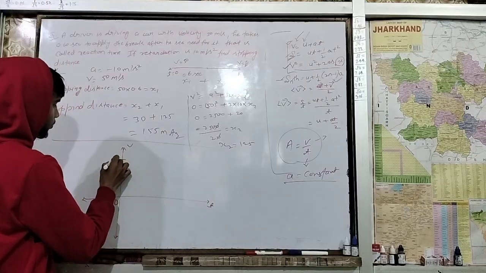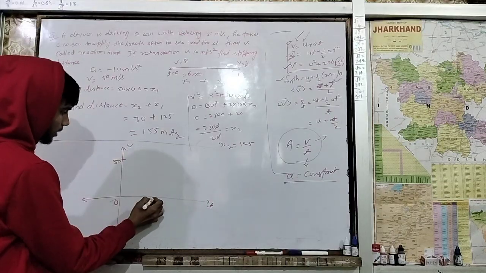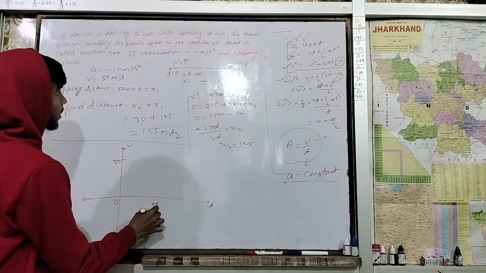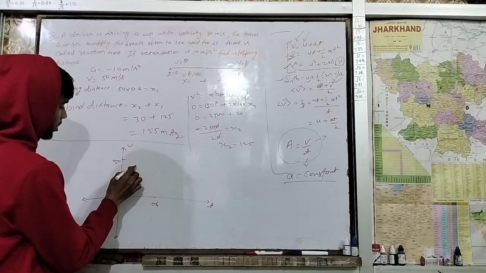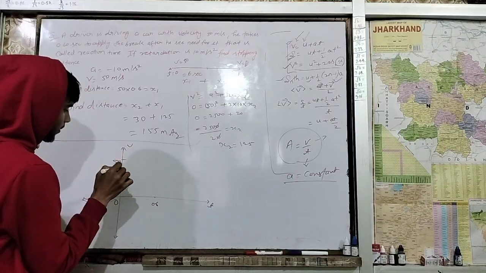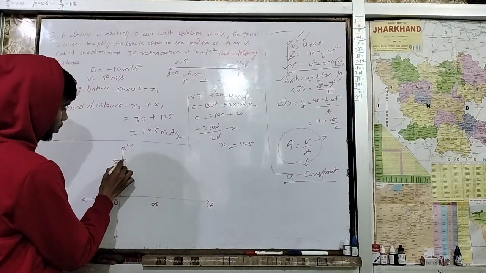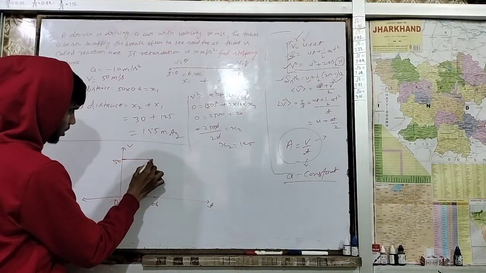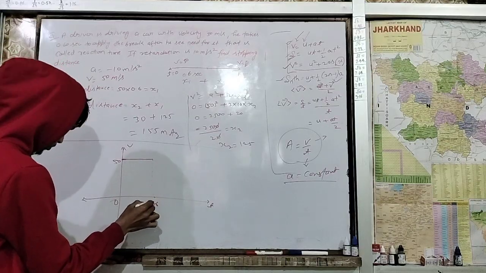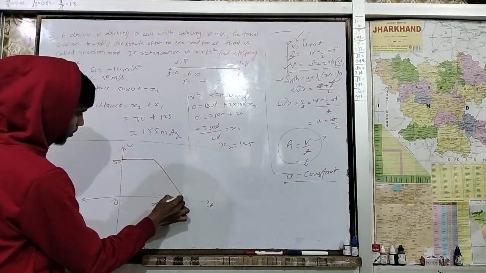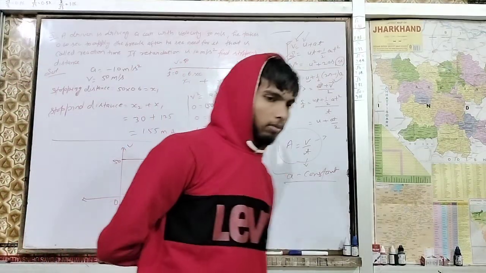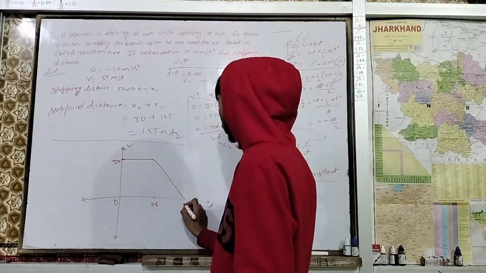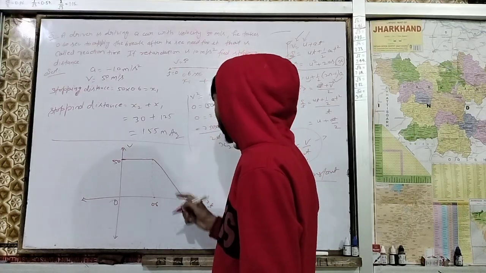Velocity is over here 50, and time 0.6 will come over here. After 0.6, the velocity is becoming 0. We don't know the time exactly, but after this it is coming to rest. That's why the velocity is becoming 0.